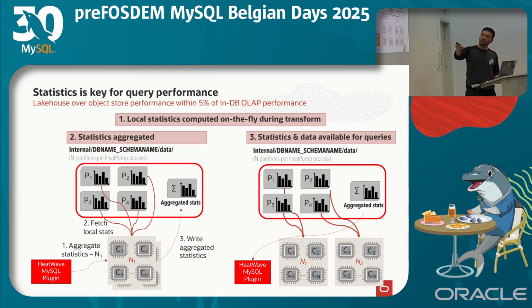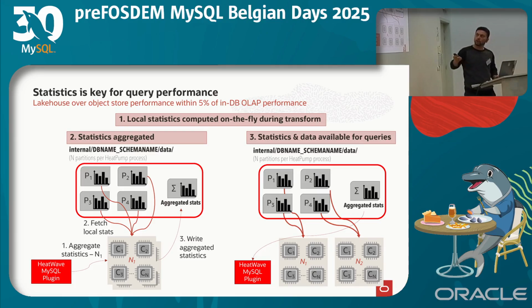Since we are doing this loading from object store, and because it's a relatively compute intensive task, we also do on-the-fly statistics generation. One example is the number of distinct values. You look at one column and try to estimate what the number of distinct values is, which later you can use in join optimization, group by optimization, and even compression.